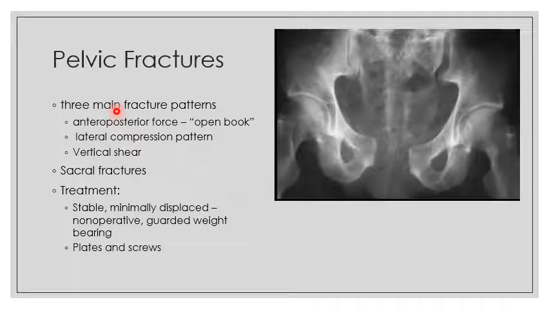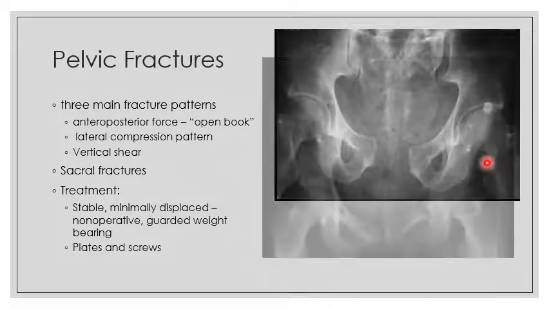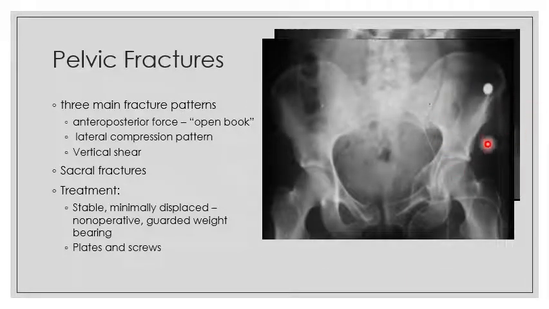Pelvic fractures basically have three main fracture patterns. You have your anterior-posterior force causing an open book. It's called open book because it's like opening a book: there's the spine of the book, then you open from the front. We have a lateral compression, coming from this side, causing fractures here.